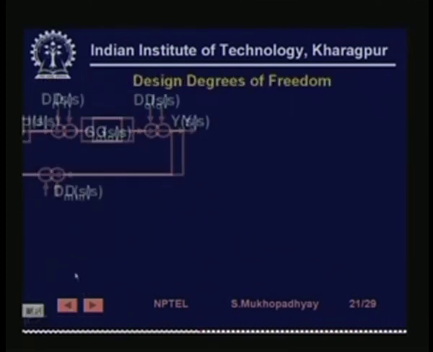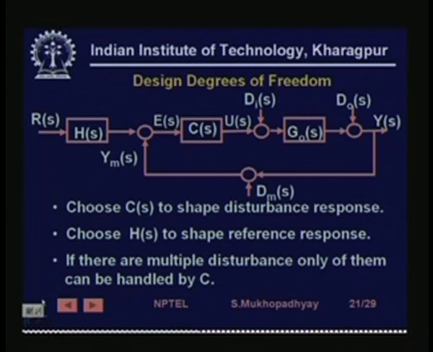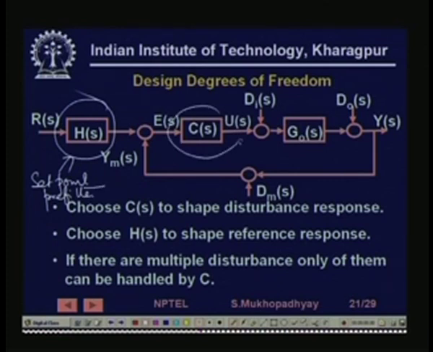Now, you could improve this situation by having this. In this case there are 2 degrees of freedom. Why? Because you have introduced a set point pre-filter. What you are doing is you choose CS to assign a response to D0s, and once you have done that, you choose HS to shape the reference response.